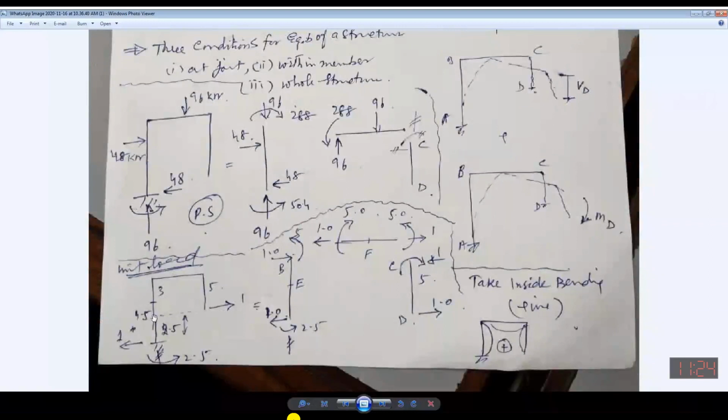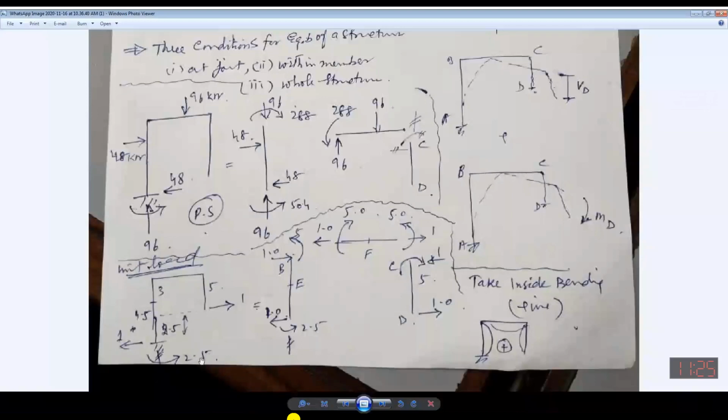This is 5, this is 3, and this is 4.5, and the remaining distance will be 2.5. So the effect of this 1 will be in this direction, and its counteracting effect will be in this direction. So it will be 1 into 2.5. This is in this direction, and the counteracting effect will be 2.5. This is for the whole structure.